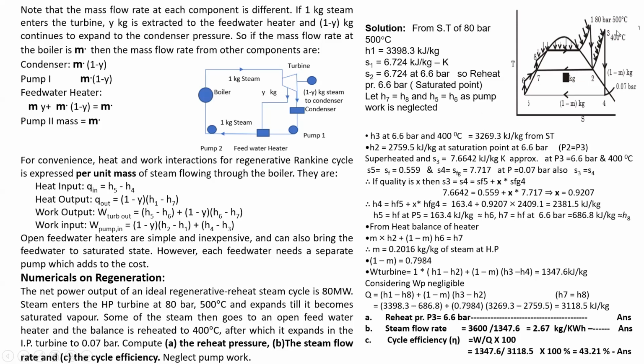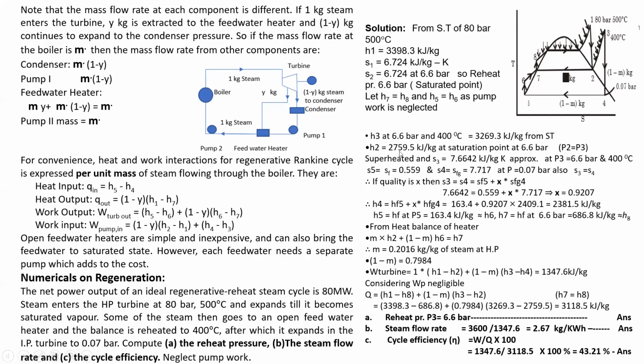Therefore, P2 is equal to P3. H3 at 6.6 bar, that is P2, and 400 degrees centigrade reheat is given, is 3269.3 kilojoules per kg. So reheated to 400 and 6.6 bar, you will get the value of H3 as 3269.3.